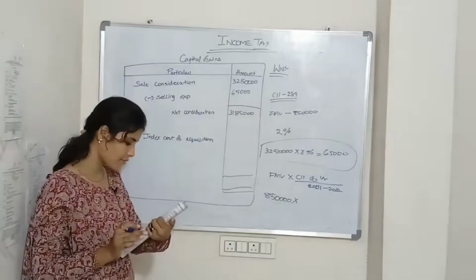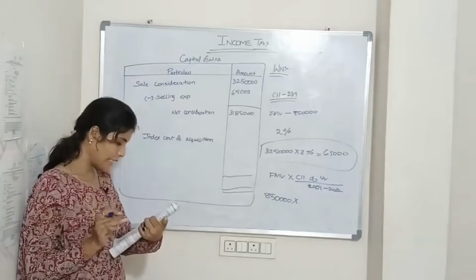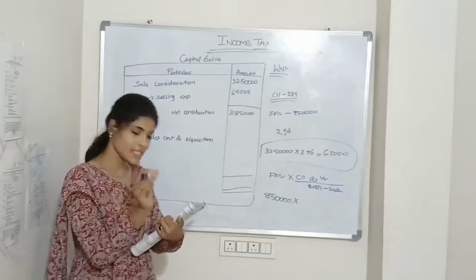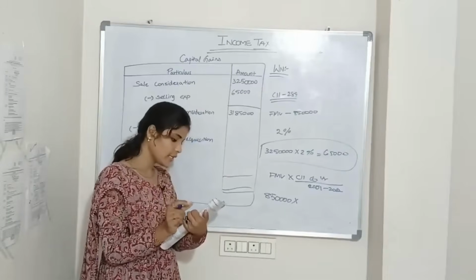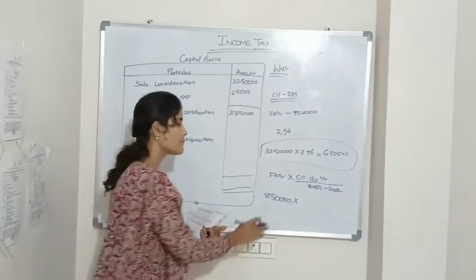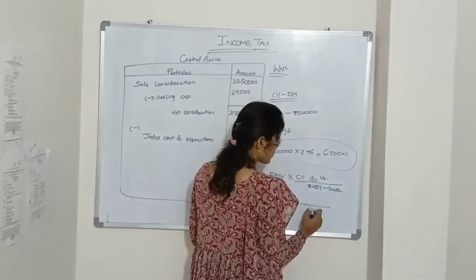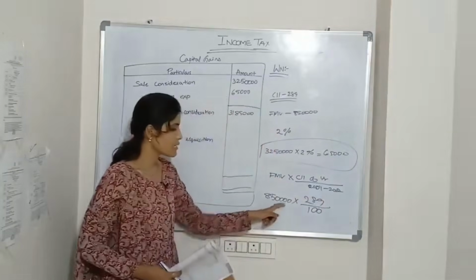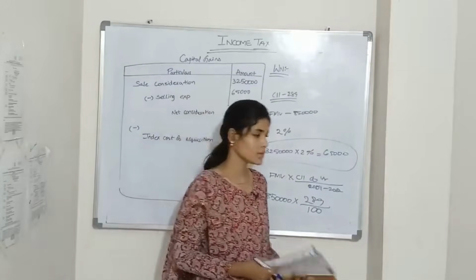The year of sale is 2019 to 2020, where you have 289, so that amount only you need to take. Just substitute this.